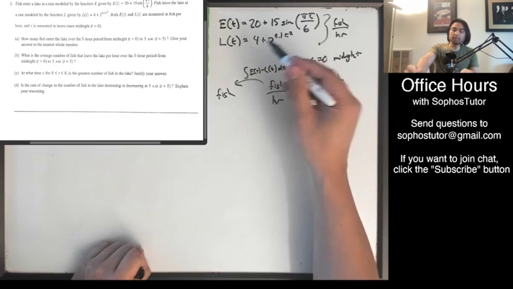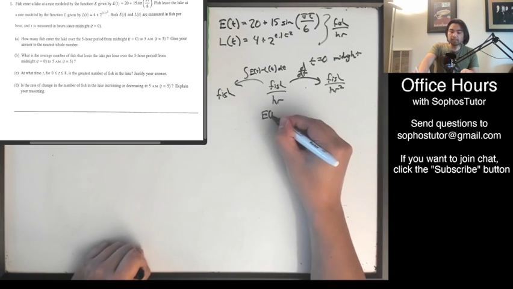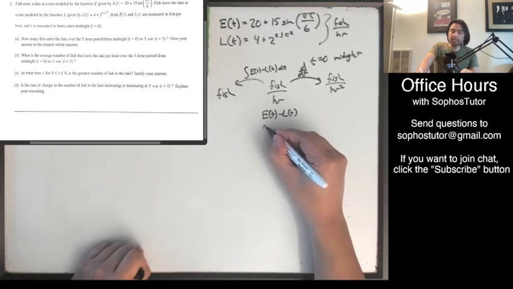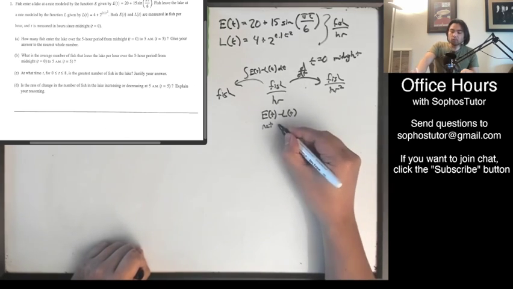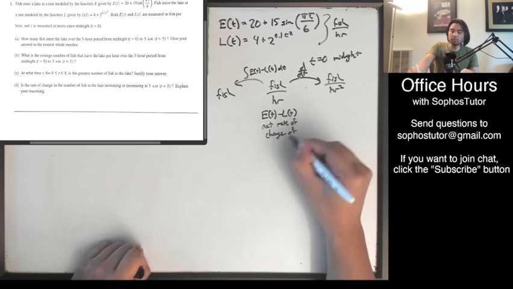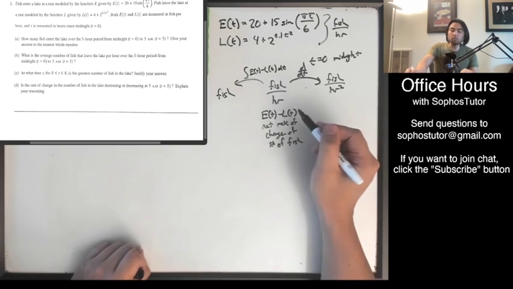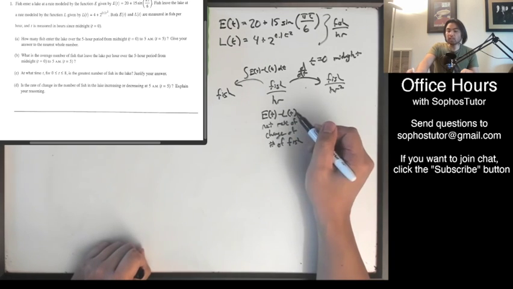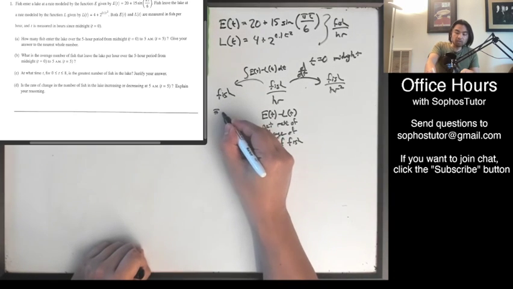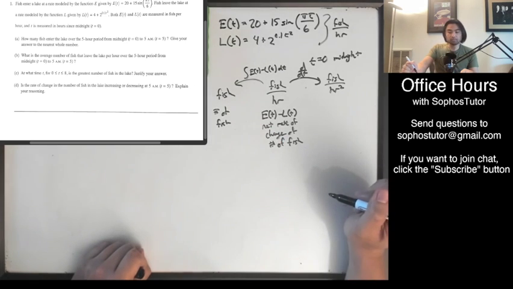Okay. So note that if E of t minus L of t is equal to the net rate of change of the number of fish, then that means if we take an antiderivative, if we take an integral of this function, we should get something involving the number of fish here, because our unit's in fish.